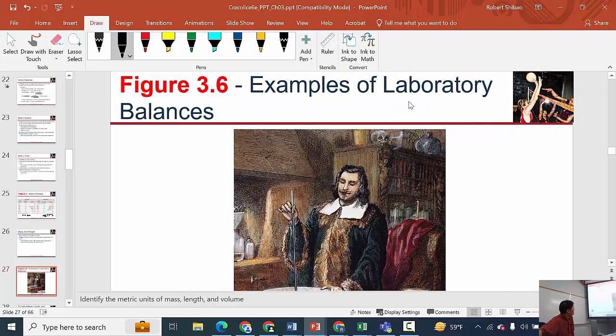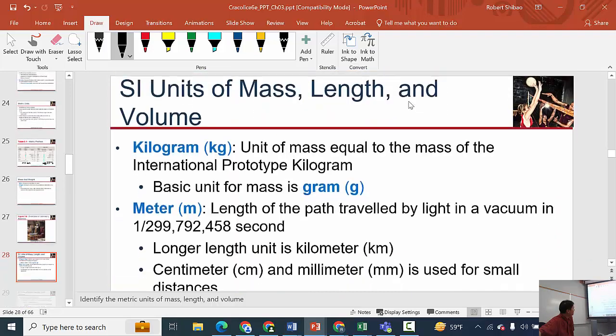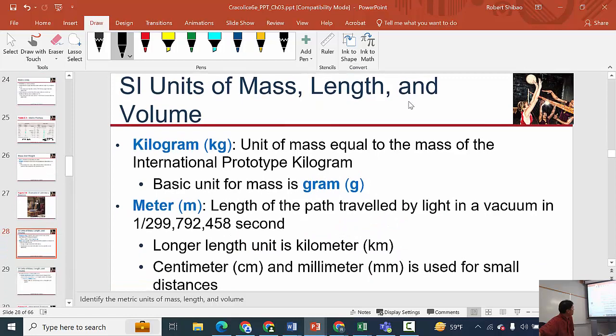We measure using balances. So here are some examples of weighing. Weighing things, we don't call it massing, we just call it weighing, even though we're measuring its mass. What does SI stand for? SI stands for International System, so these are the International System of Units.